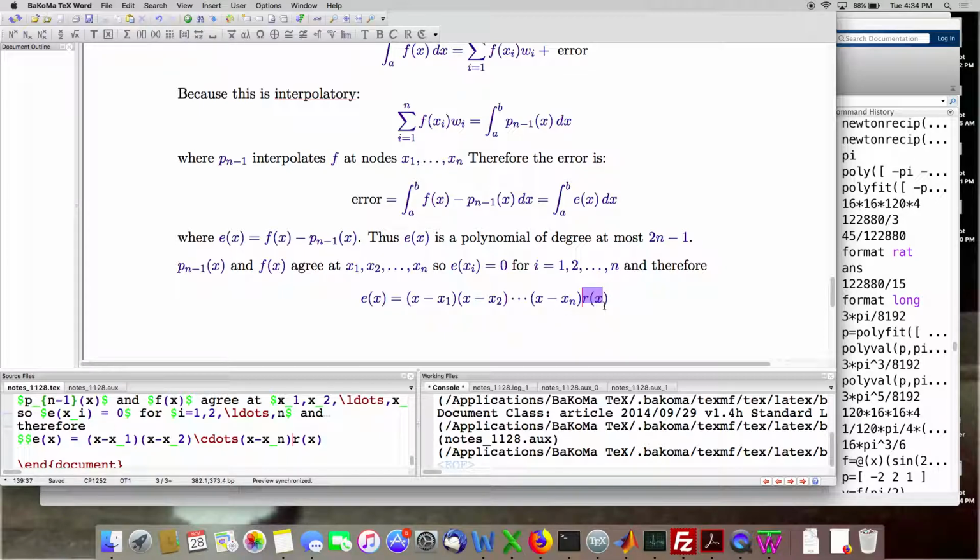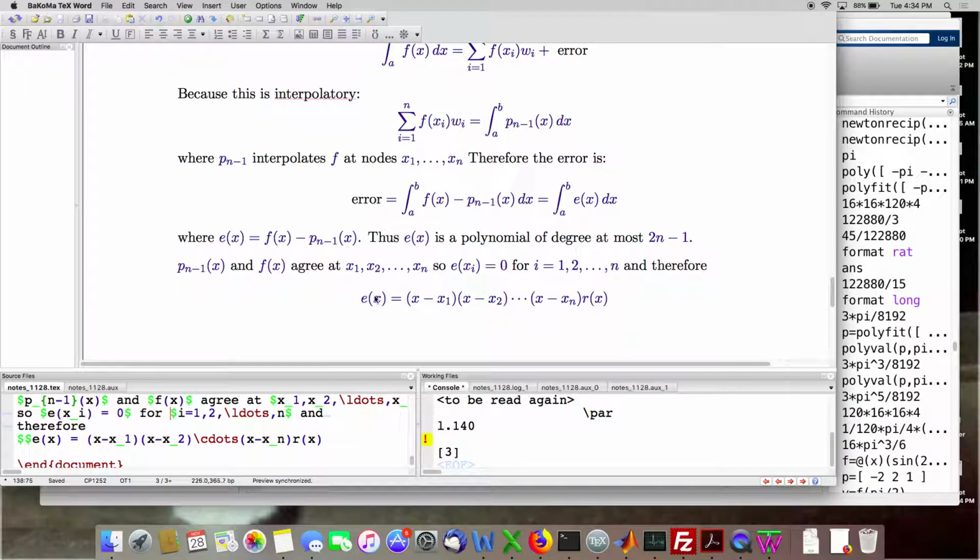Then we have this polynomial, r of x. What is its degree? All right.